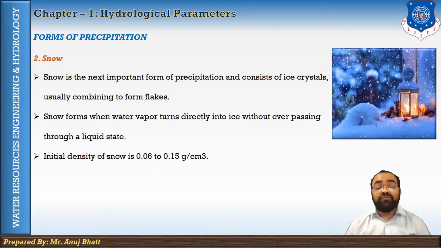Snow forms when the water vapor turns directly into ice without ever passing through a liquid state. This happens as water condenses around an ice crystal. New fresh snow has an initial density of about 0.06 to 0.15 gram per centimeter cube, and the average value of this density is assumed to be 0.10 gram per centimeter cube.